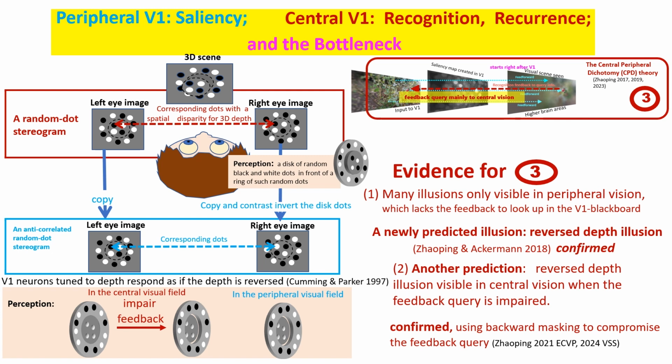The feedback is compromised using a visual psychophysics trick of backward masking, which quickly removes the original visual inputs to make them unavailable for the feedback query. This backward masking is achieved by making the random dot stereogram dynamic, with a very short interval between successive frames of the dynamic stereogram.